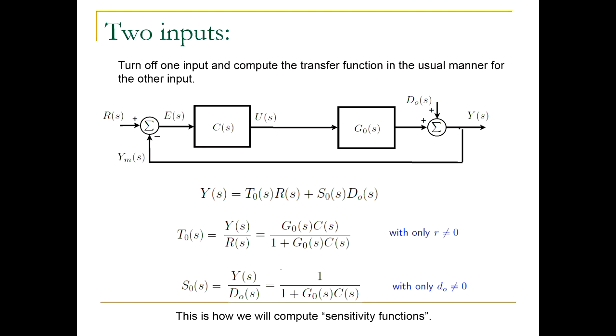Why are we interested in all these transfer functions? Because transfer functions tell us the relationship, how a certain input affects a certain output, right? So if the input is a disturbance, then we would say, well, this disturbance affects the output in this way, if we understand the transfer function and its properties. Yeah? Any other questions?